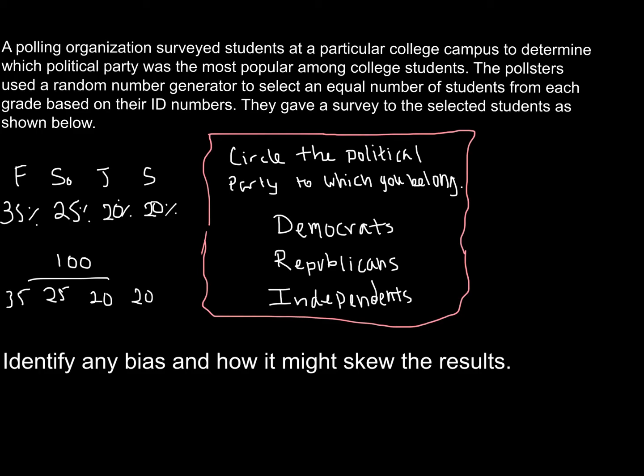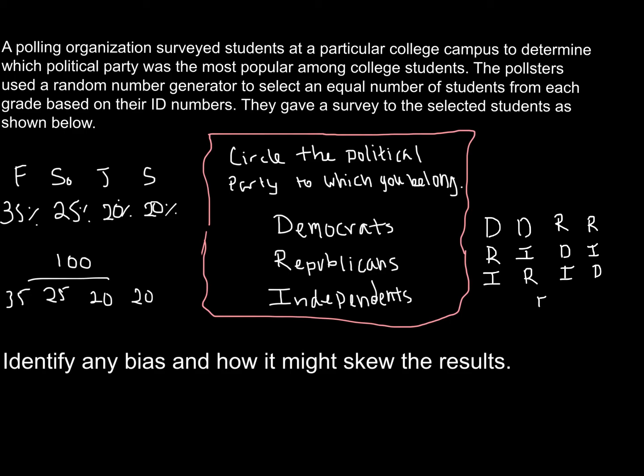If you think about it, if you put Democrats first, then you could have Republicans second, Independents third, or you could do Democrats first with Independents second and Republicans third. And if you did Republicans first, you could have Democrats second and Independents third. And if you did Republicans first, you could also have Independents second and Democrats third.